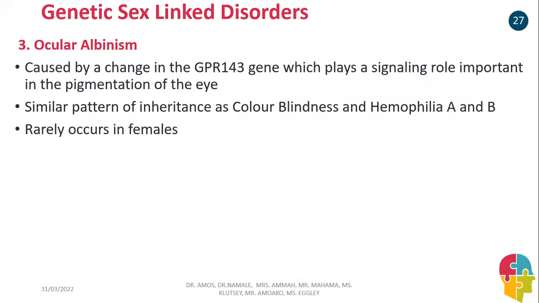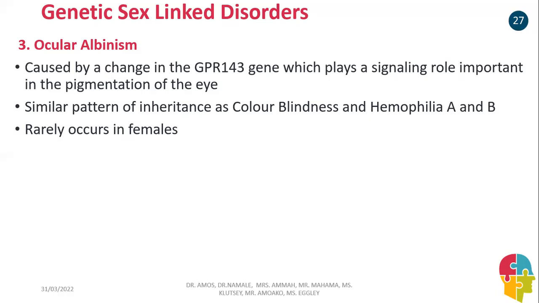The third genetic sex-linked disorder we'll look at is ocular albinism. Now, albinism has to do with a lack of pigmentation, and this lack of pigmentation could affect the eye also. So albinism is not only limited to hair color or skin color.